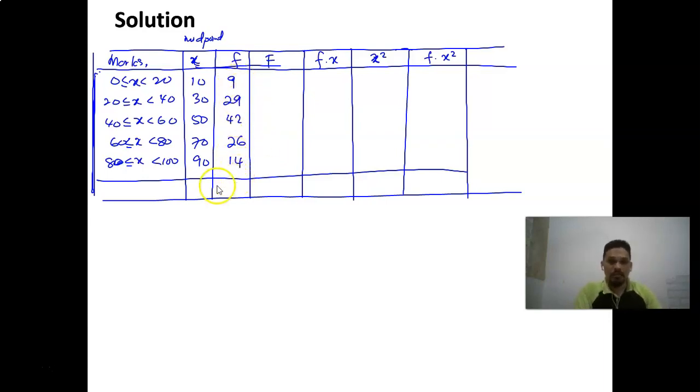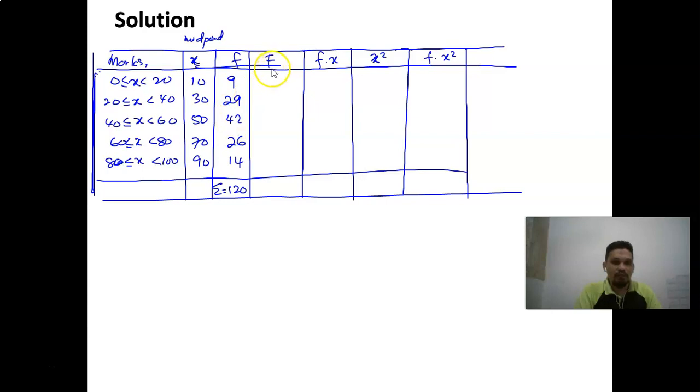Let's find the sum of the frequency: 9 plus 29 plus 42 plus 26 plus 14 equals 120. This is the frequency.